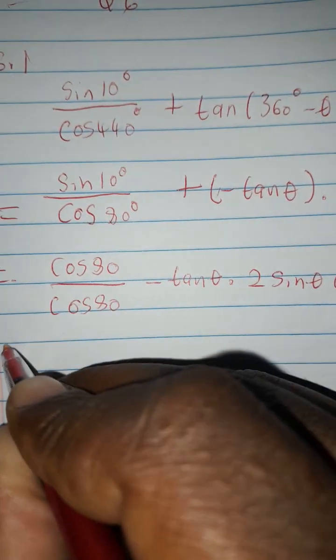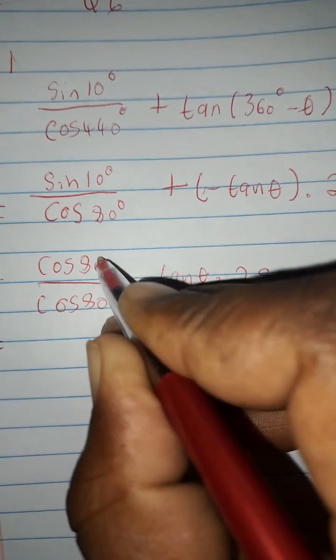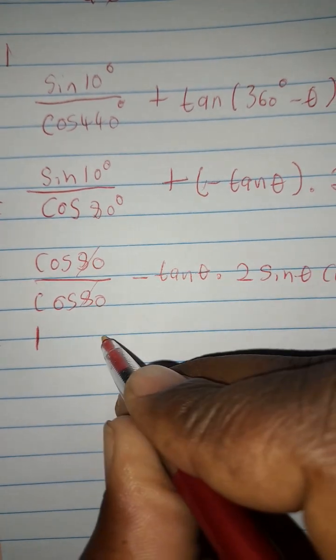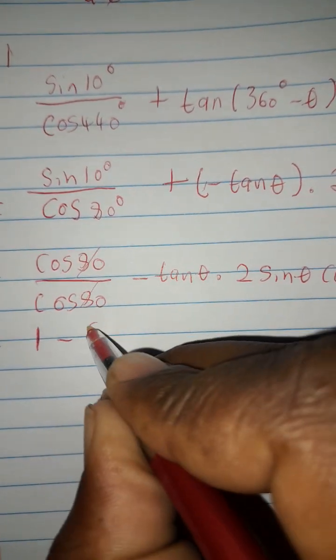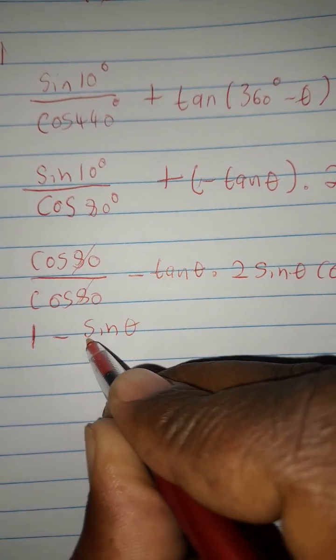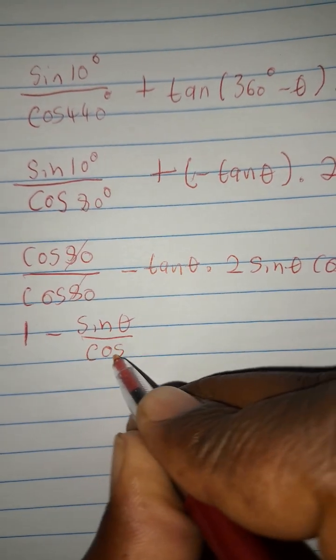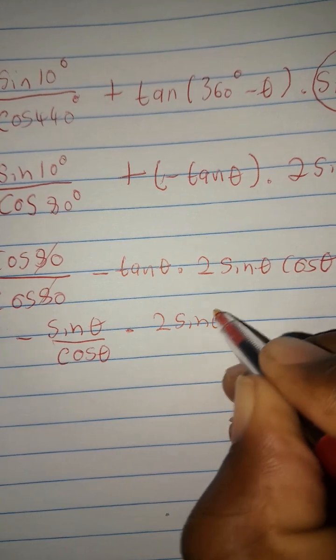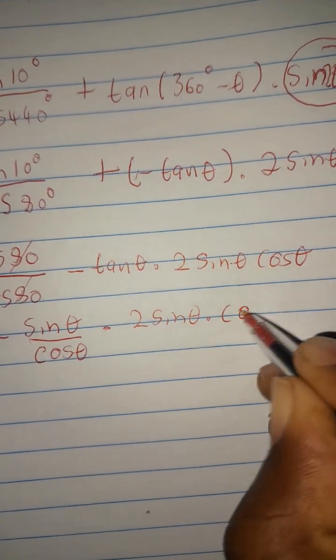Okay, let's proceed. This and this, we're going to have 1. Then we can change tan using the quotient identity: it will be sine over cos theta, multiplied by 2 sine theta cos theta.